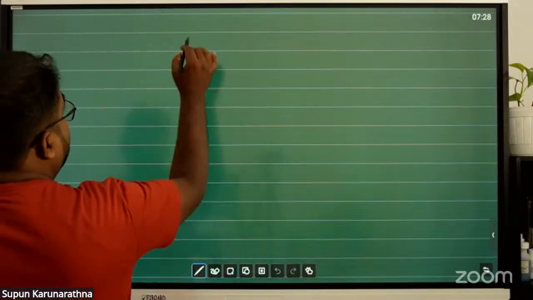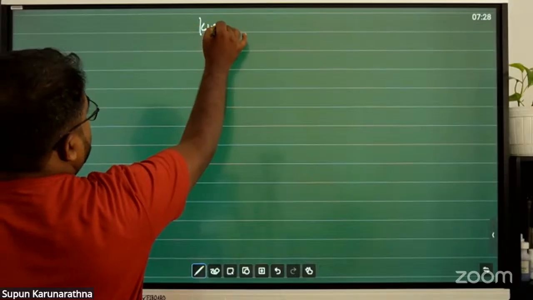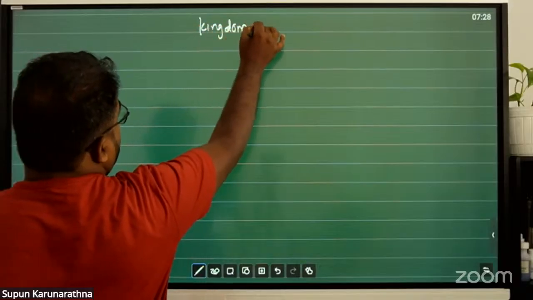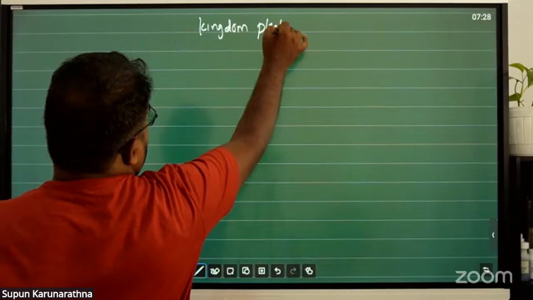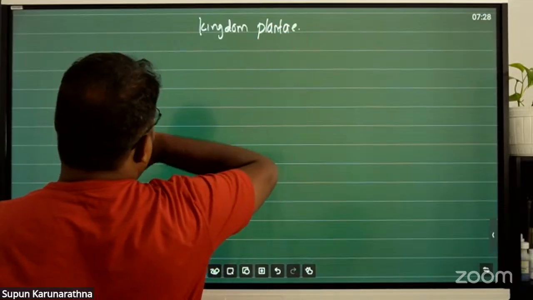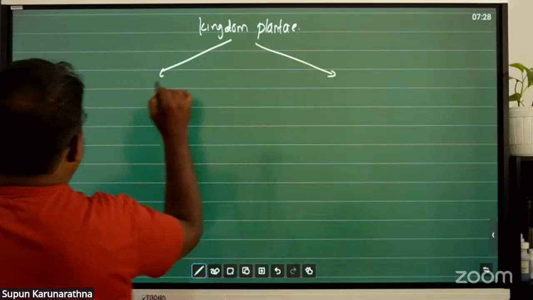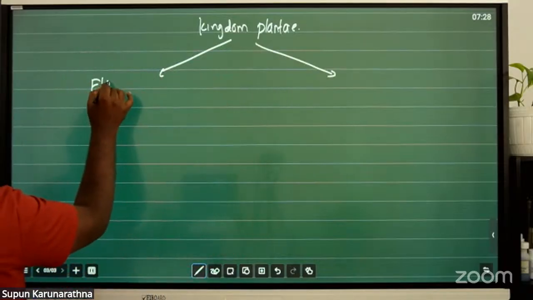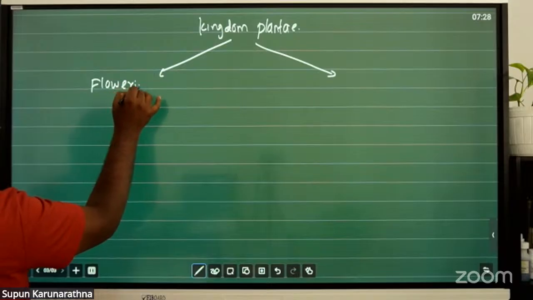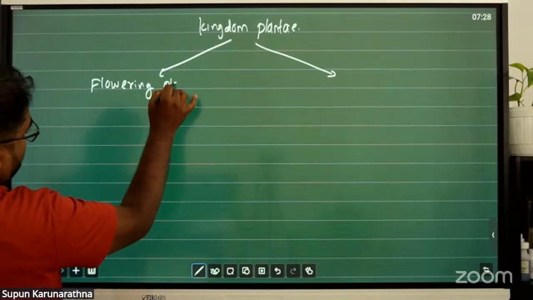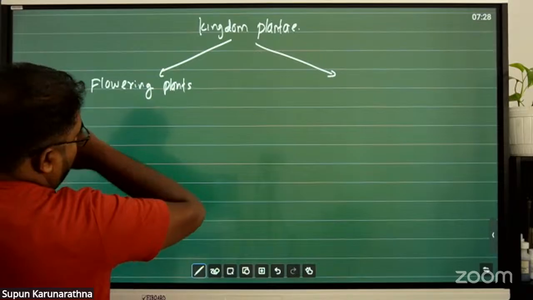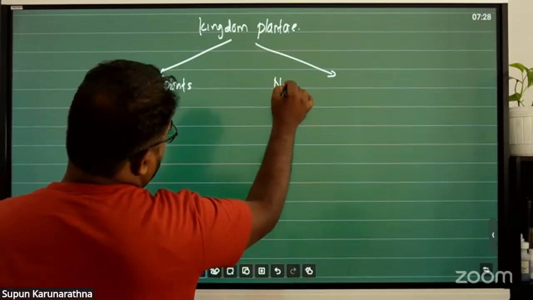In kingdom Plantae, we can divide plants into two main groups: flowering plants and non-flowering plants.